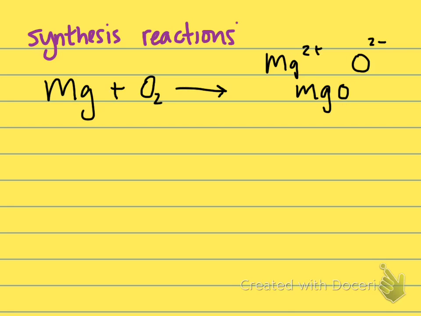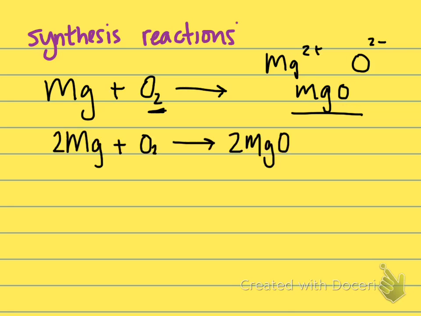So you don't have to account for this 2. That's just there because oxygen's diatomic in nature. So they're going to form MgO. The way you're going to account for the fact that you have 2 oxygen atoms starting out is when you get to balancing. Okay, well, there, it's balanced, which isn't a step you have to take, but you will eventually.